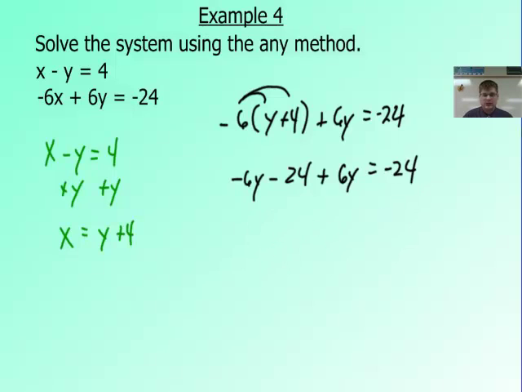Alright, now I start simplifying. Well, I combine like terms. -6y and 6y gives me, well, 0y. They cancel each other out. It's gone. What? What, you say? Well, I'm left with -24 is equal to -24. Our variables have once again taken each other out.